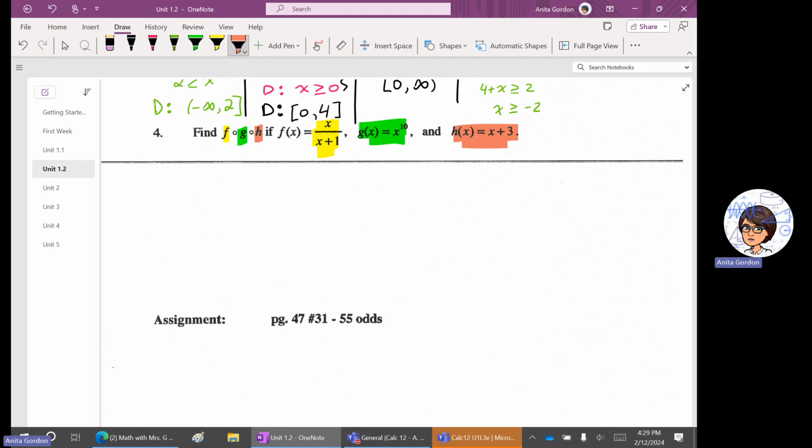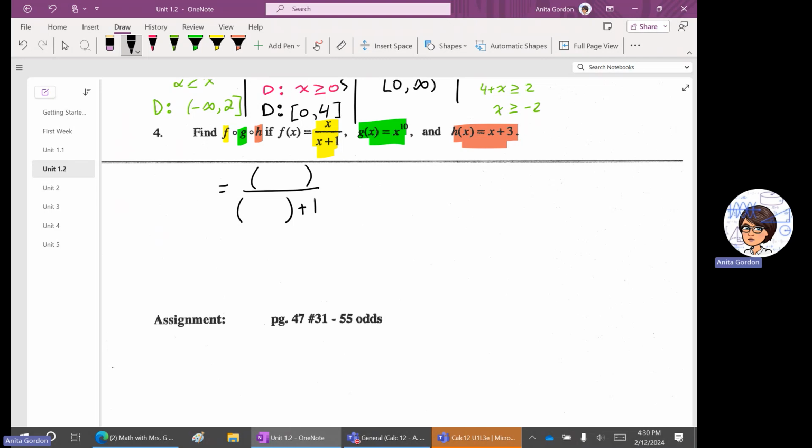So the way I'm setting up this function is I start with something on the top in the x over something in the bottom in place of x plus 1. This is the f function, and I'm leaving the spots in place of x as brackets so that I can input the functions g and h. G in itself is the function x to the power 10.